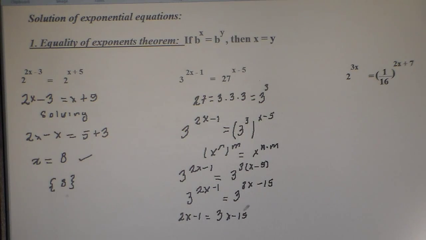Then we solve this linear equation, and we get 2x minus 3x. We bring the 3x to the left, equals negative 15 plus 1. 2x minus 3x will be negative x, equals negative 15 plus 1, which is negative 14.